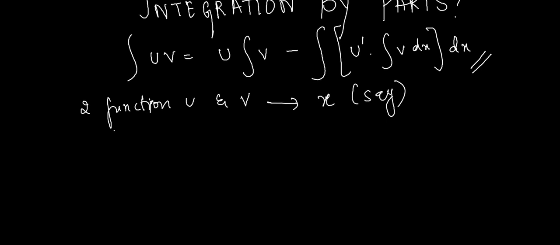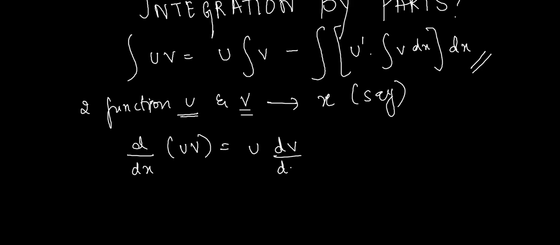First we need to apply the product rule of differentiation for the two functions u and v. So we get d by dx of uv is nothing but u differentiation of v with respect to x plus v differentiation of u with respect to x.